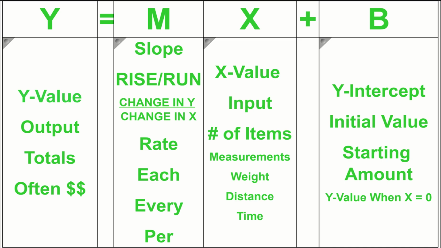So for what we're doing today, we're really going to want to be looking for those words and then initial or starting amounts, okay? That's going to tell us what we're looking for in the problem, whether it's slope or y-intercept. Are there other words that could mean any one of these things? Yeah. There's no way to make like a 100% list.